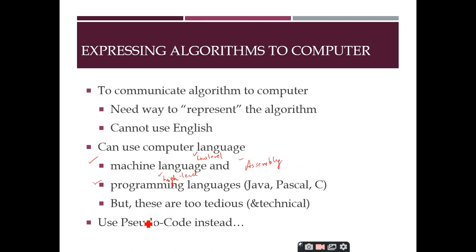Other than this, we have something called pseudocode, and prior to programming languages, we have a concept called algorithm. It is the way you represent the solution. You need to have some way to represent the algorithm. You should represent it.